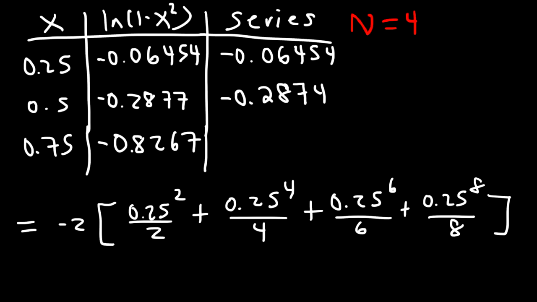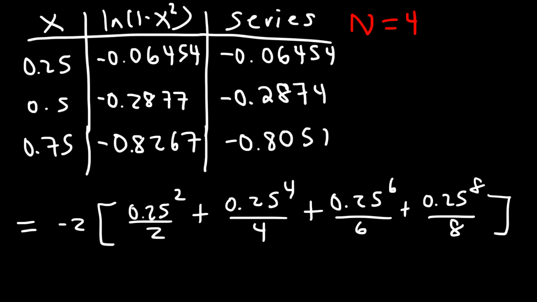Now let's do the same when x is 0.75 for the first 4 terms. So this is -0.8051.